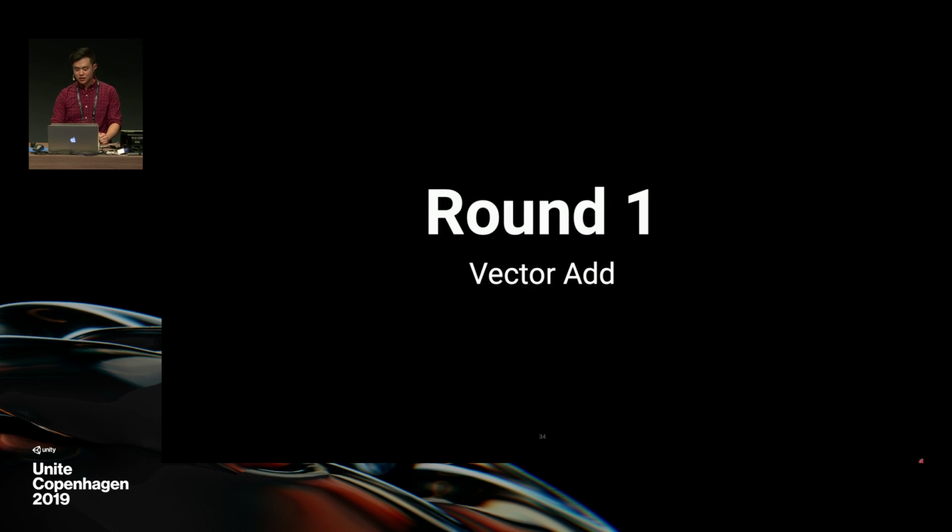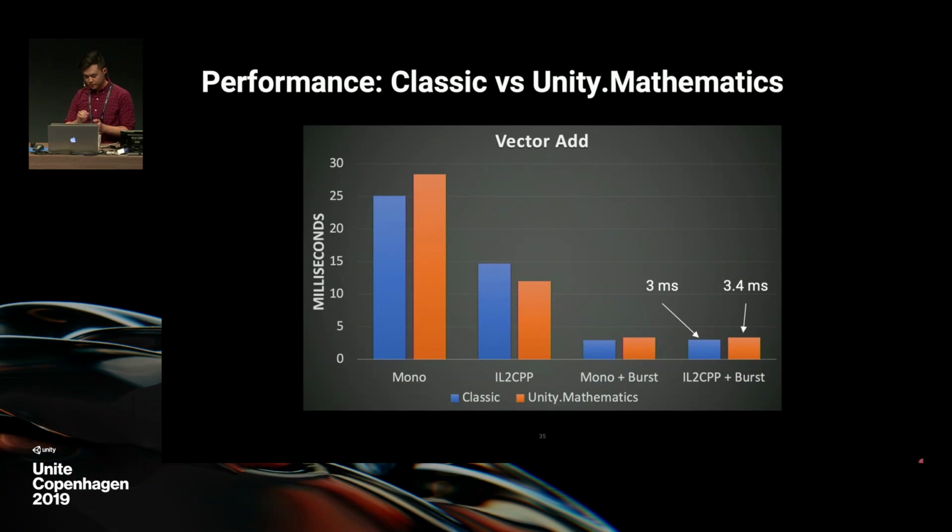Well, let's take a closer look at each test. Vector addition. Blue is classic Unity, and orange is Unity Mathematics. Here, things look kind of even keel. Mono is fine. It's 25-ish milliseconds. IL to CPP is significantly faster. It's like twice as fast. And then when you move on to burst, it gets even faster.